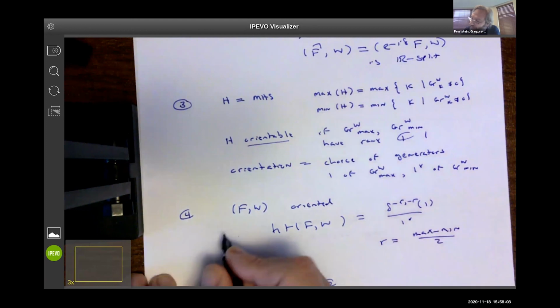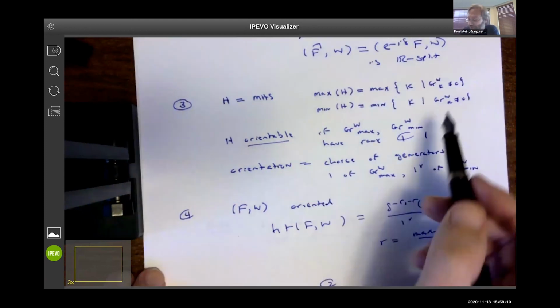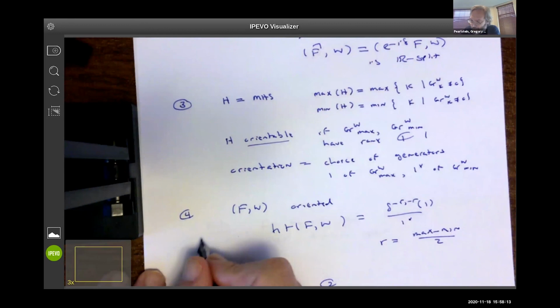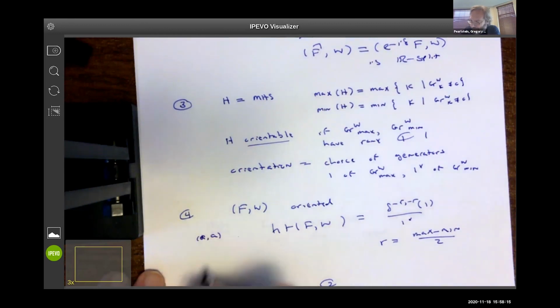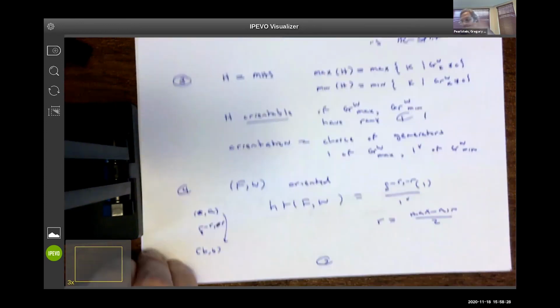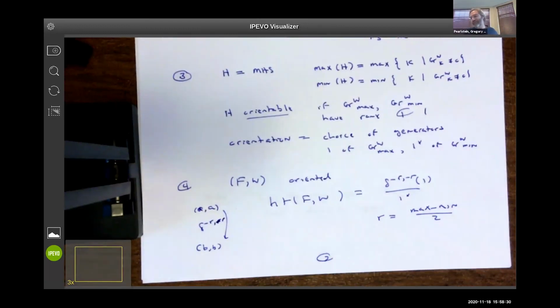So in other words, these pieces have rank 1, so one of them has to be type (a, a), the other one has to be type (b, b). This is the top, this is the bottom, and delta minus r is just the piece from the top to the bottom. So as long as we have an oriented mixed Hodge structure, we can define the height in this way.